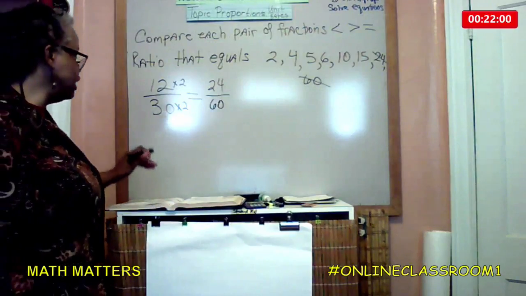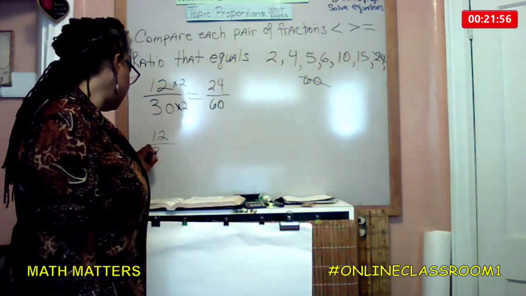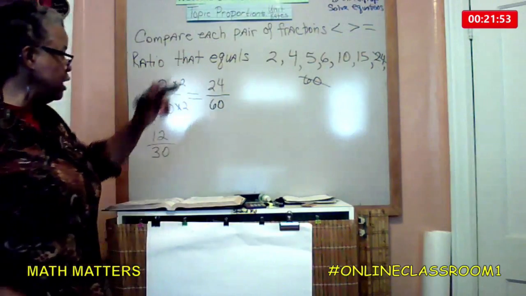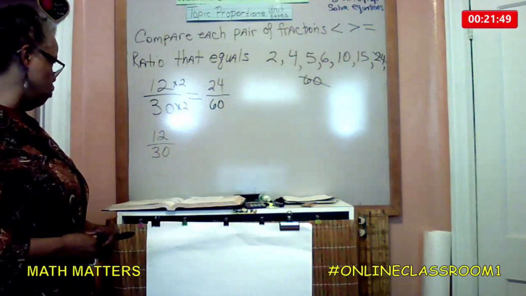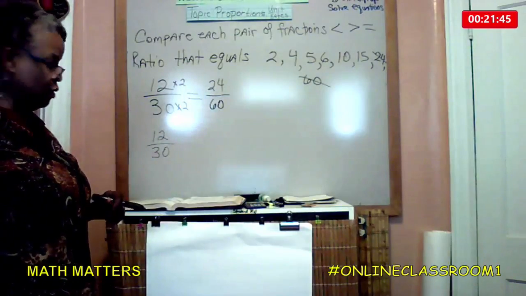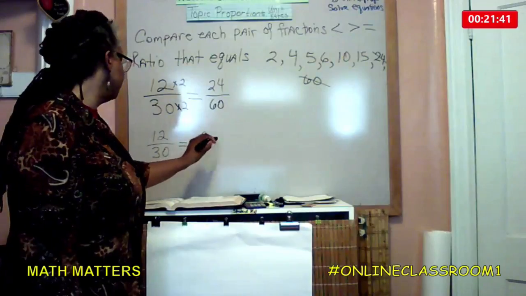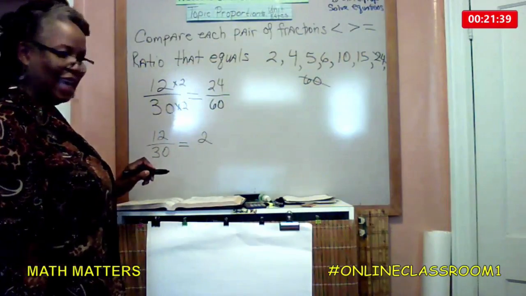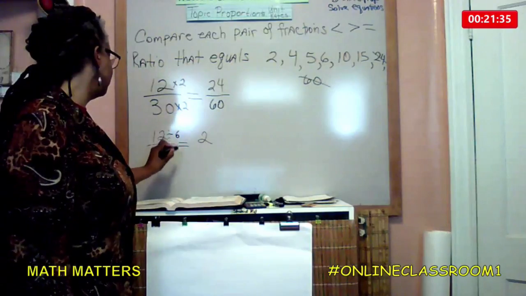All right, now let's look at that same problem, 12 over 30. And using some of the others, I'm going to go with 2. I'm going to put the 2 in my numerator. But how did I get from 12 to 2? I divided by 6.